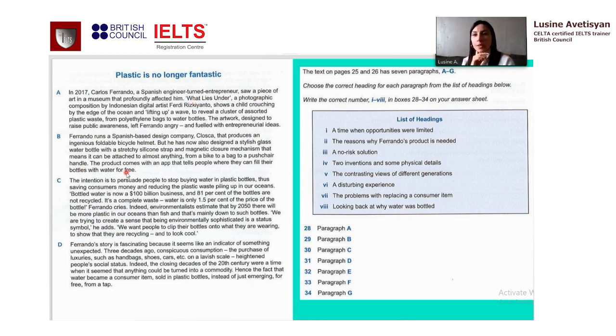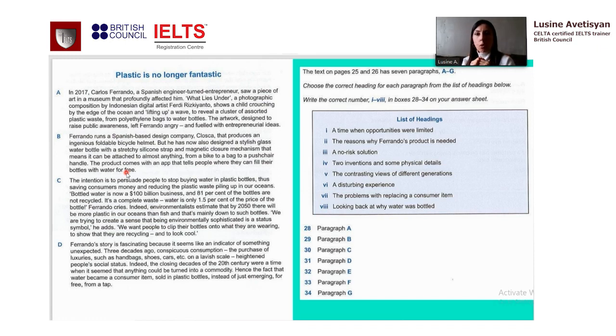Okay, paragraph 2, guys. Ferrando runs a Spanish-based design company that produces a smart, foldable, flexible bicycle helmet. So he has got a company. He runs the company where they produce a flexible, smart bicycle helmet, which you can actually fold.